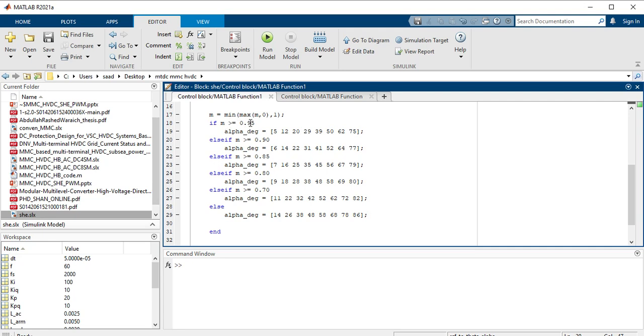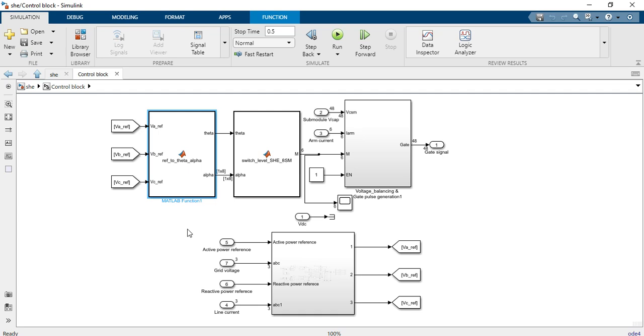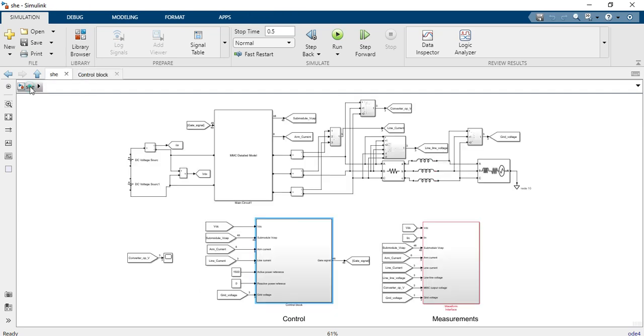So if m is greater than or equal to 0.95, we have this condition. If m is greater than 0.99, we have these angles. If m is greater than or equal to 0.85, we have these angles, right? So on and so forth. So this is all about the selective harmonic elimination.